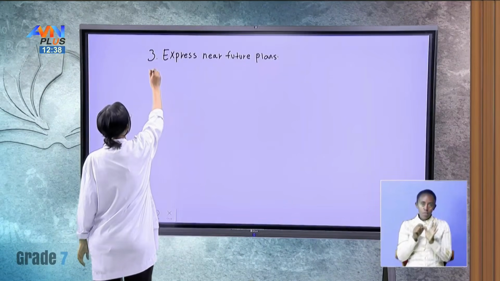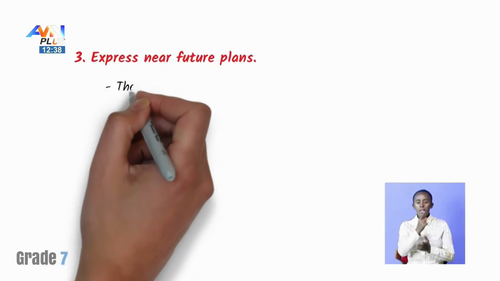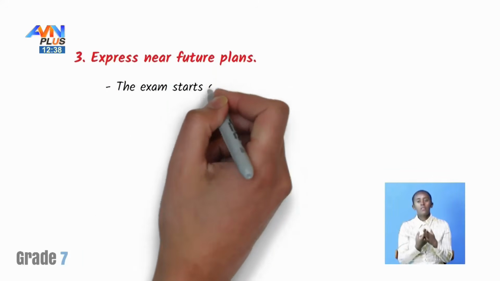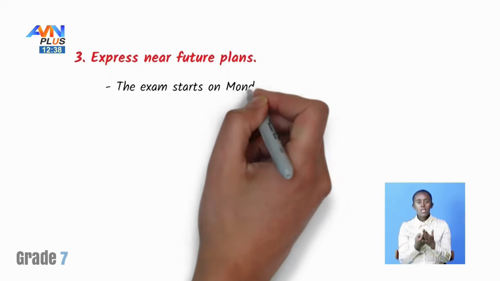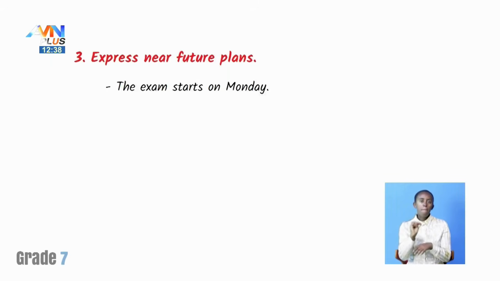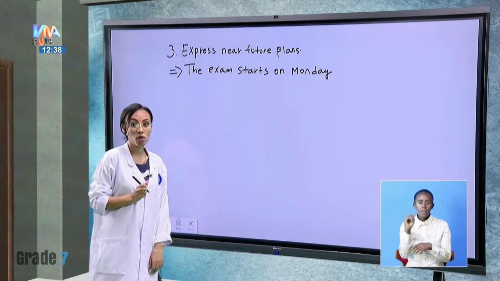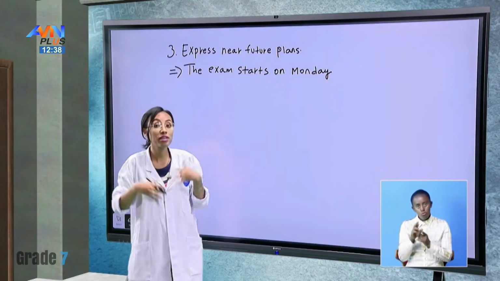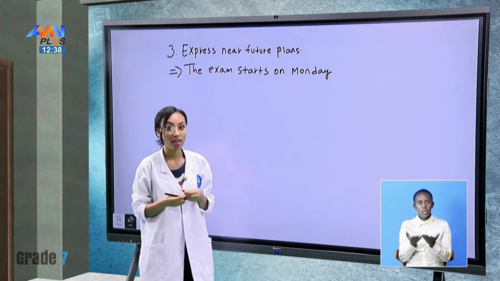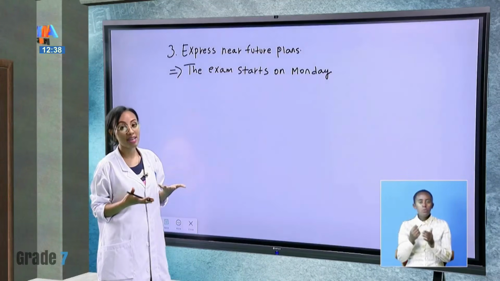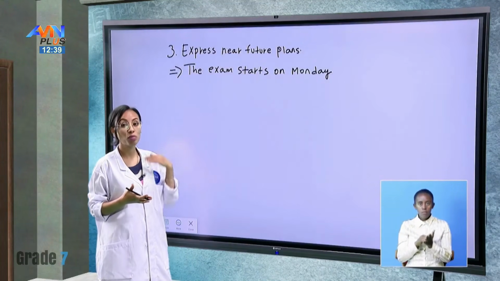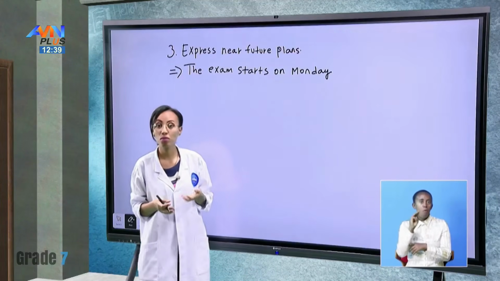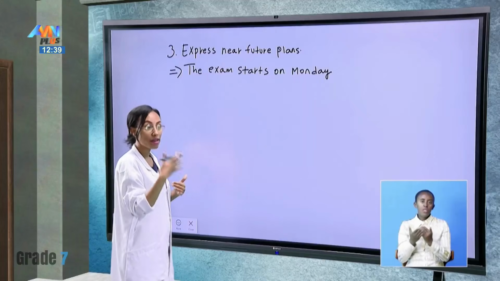For example, the exam starts on Monday. This is what? Expressing a near future plan, or in this case, a predetermined future plan. So it has already been determined that the exam will be taking place on Monday. So if that is the case, we use the simple present tense to talk about a near future plan.